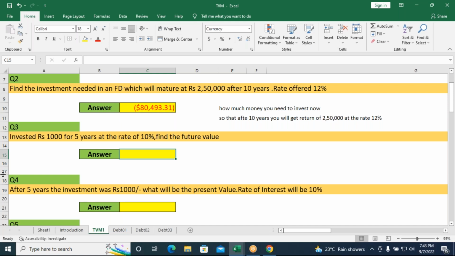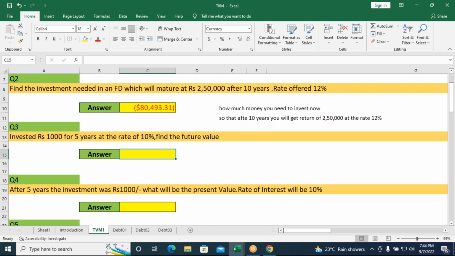Did you try with the third question? Yes, ma'am. Is it 61,051 rupees? No. See, the question is: invested rupees 1,000 for 5 years at the rate of 10%. Find the future value. So everyone has tried.